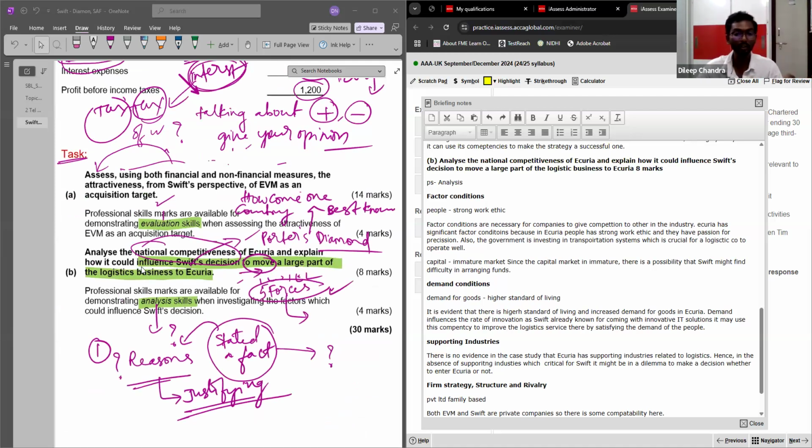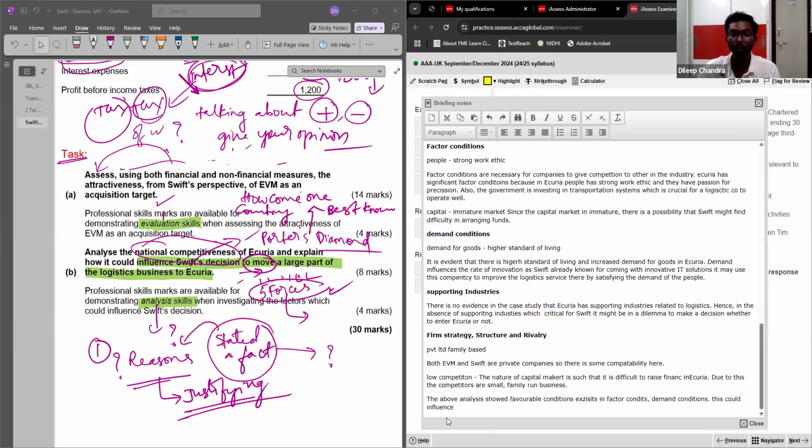They're asking how this is going to influence the Swift decision to move to Ecuria. So from the above analysis, these two are good. These two could influence Swift to move a large part of logistics to Ecuria.